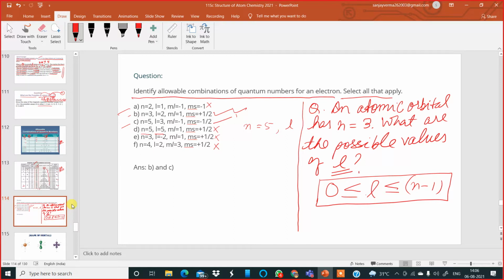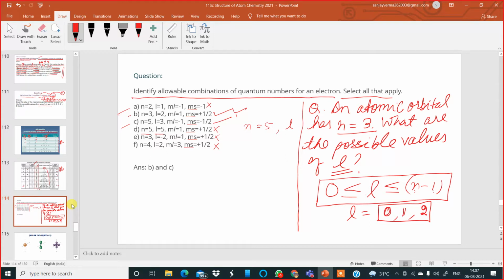If the value of n is 3, 3 minus 1 is 2. Before that, 1. Before that, 0. So these are the possible values of l. Are you getting it? So the possible values of l are 0, 1 and 2.